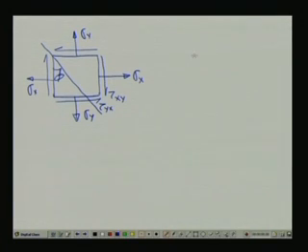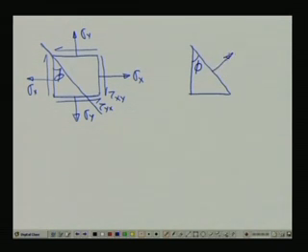What physically it means is that if I take a cut, let us draw this particular cut portion's free body diagram. This comes out to be something like this. This angle is phi.